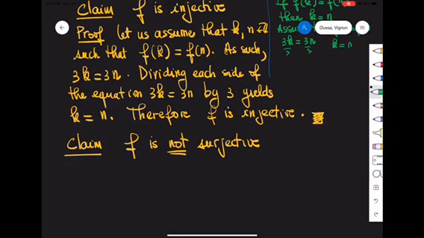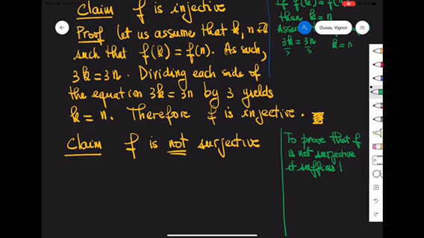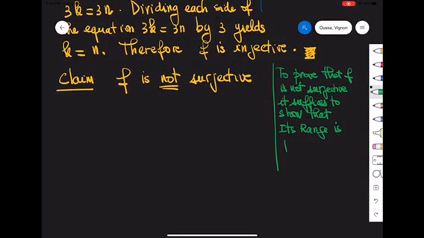Again, scrap work. To prove that f is not surjective, it suffices to show that its range is properly contained in its codomain.